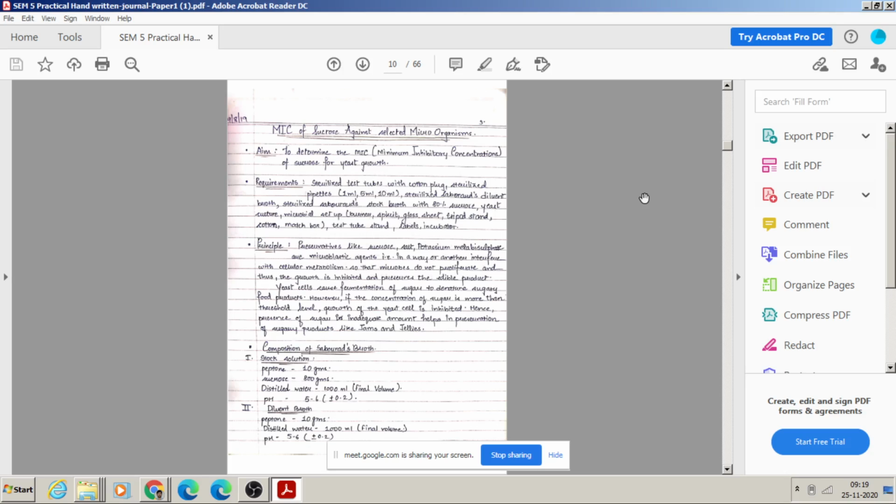So dear students, the practical title is the minimum inhibitory concentration of sucrose as a chemical compound against a microorganism, more specifically yeast. For the purpose, two culture media were used. For fungus there is a need of a culture medium called Sabouraud medium, but Sabouraud medium without sucrose gives rise to the diluent solution.